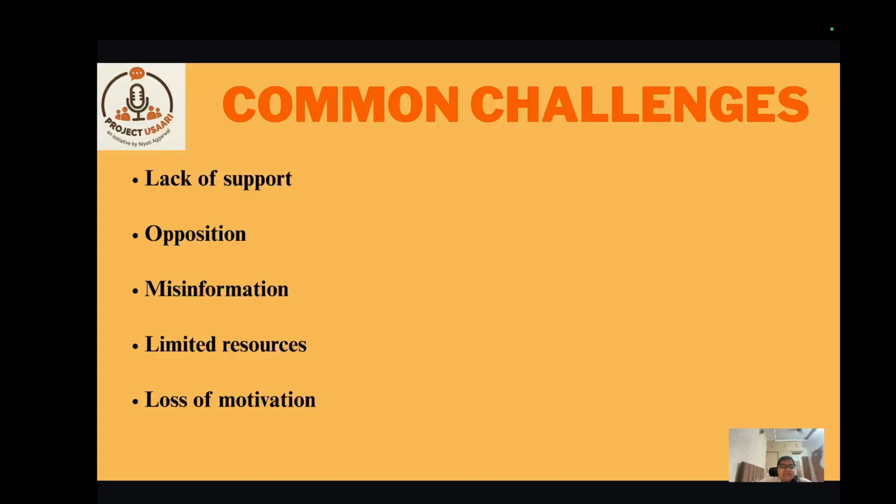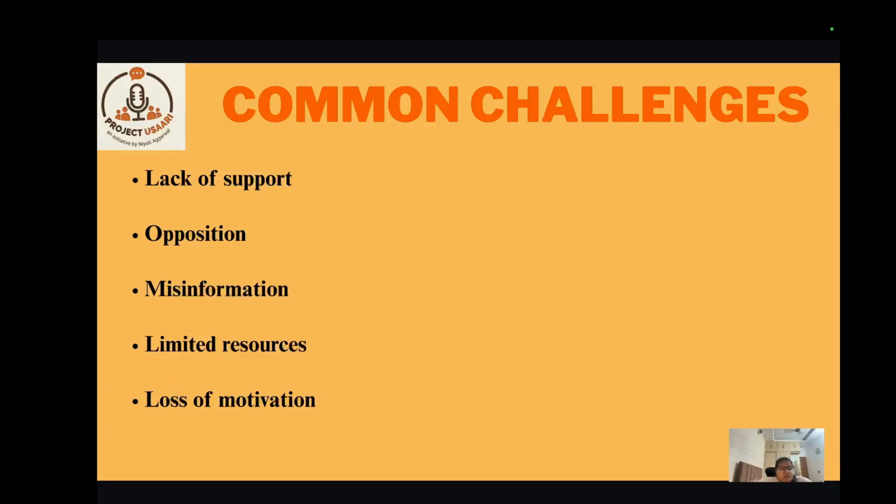Secondly, opposition. Some individuals, groups, or institutions may resist a movement's goals. Thirdly, misinformation. False or misleading information can confuse people and can reduce support. There are limited resources. Movements may lack the time, money, volunteers, or materials needed to operate effectively.